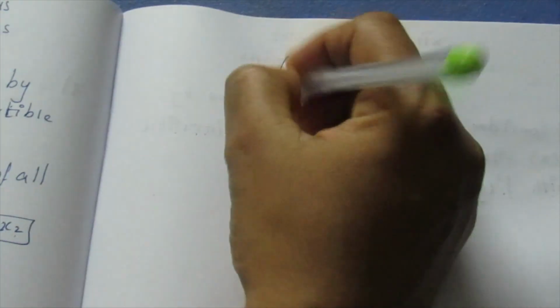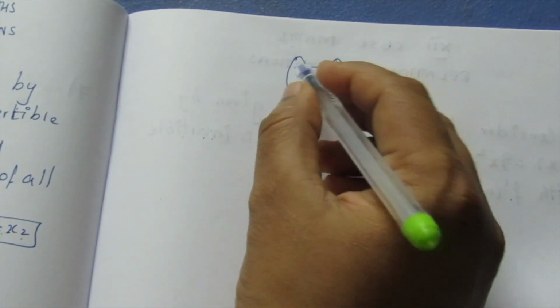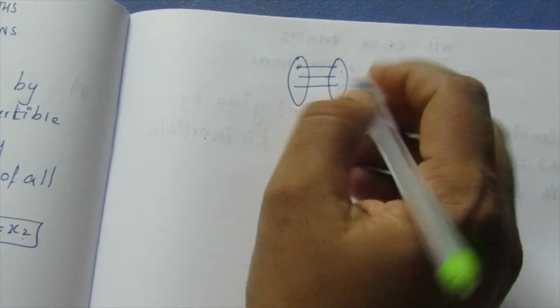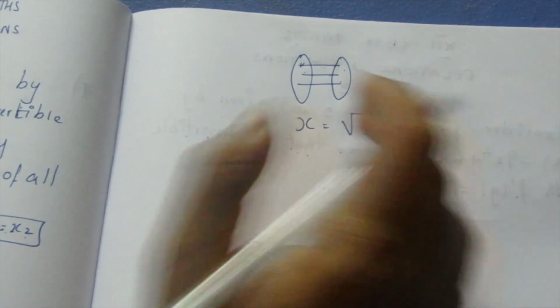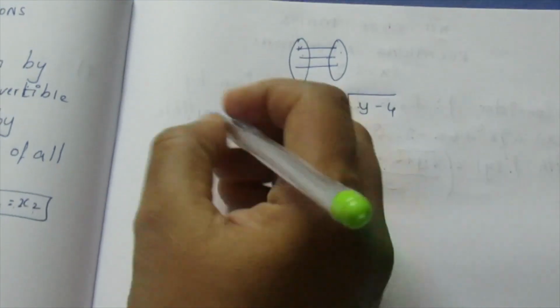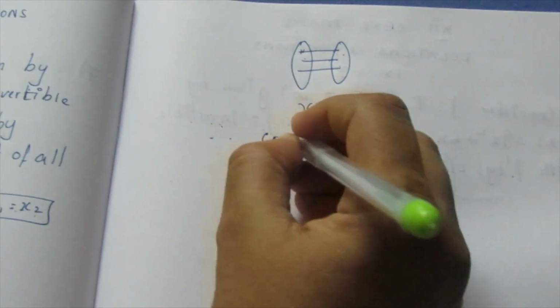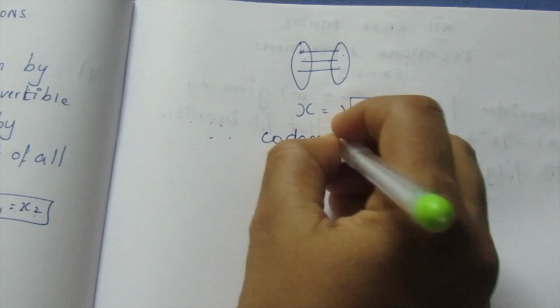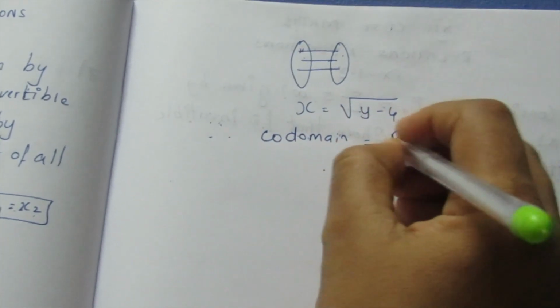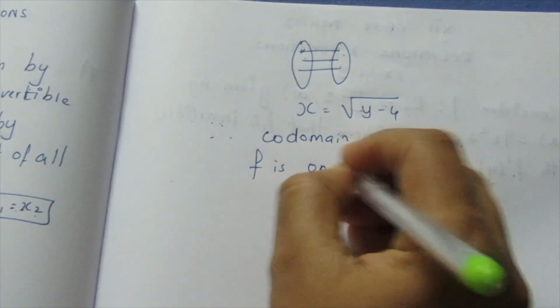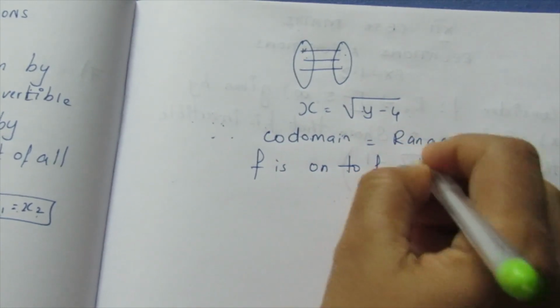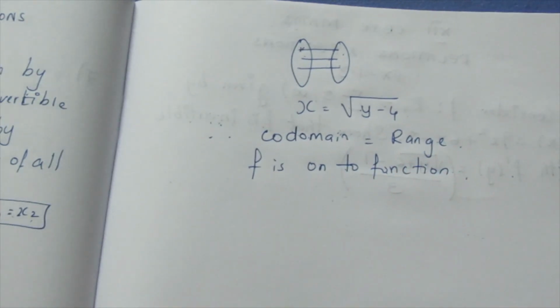That means we know it is one-to-one, and we also have one value of x for any value substituted in x is equal to root of y minus 4. Therefore, codomain equal to range, so we can say that f is an onto function.